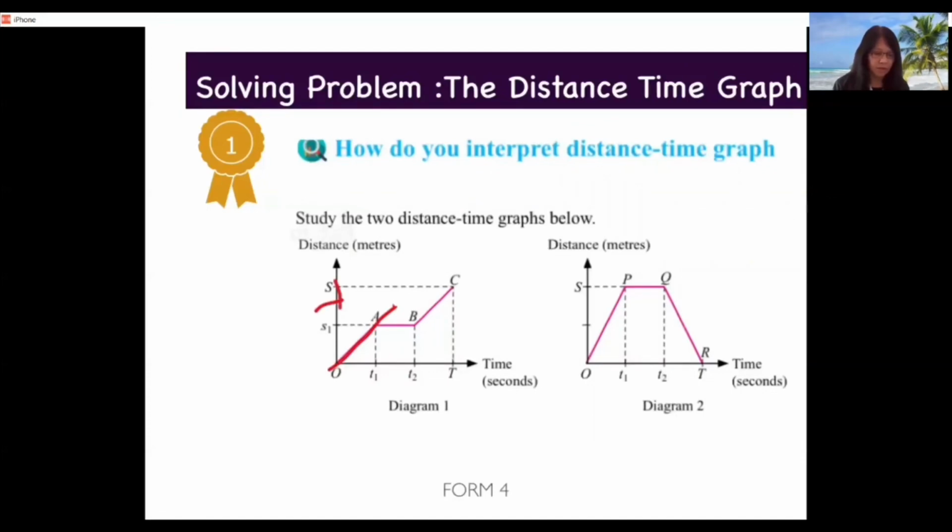I mean the gradient: positive here, 0 here, positive here. Then in the other, positive here, 0 here, negative here. So there are two types of distance-time graph, and we will focus on these two types for today. Okay, next.